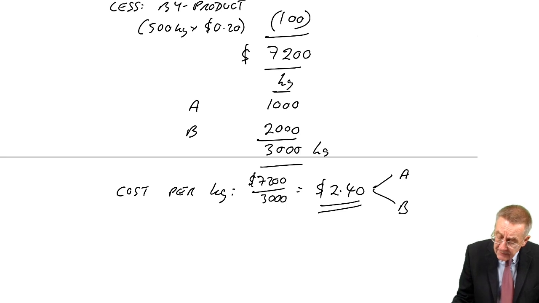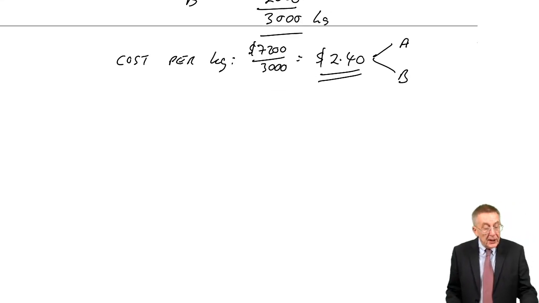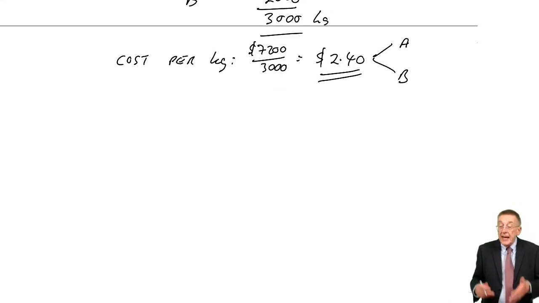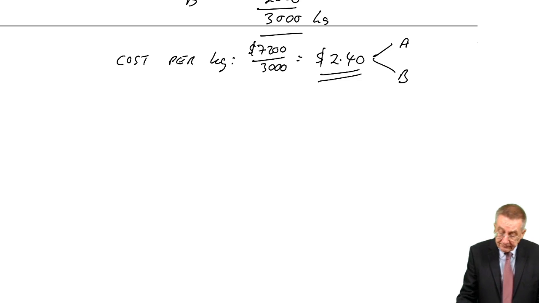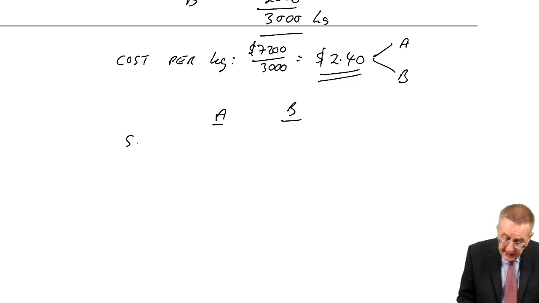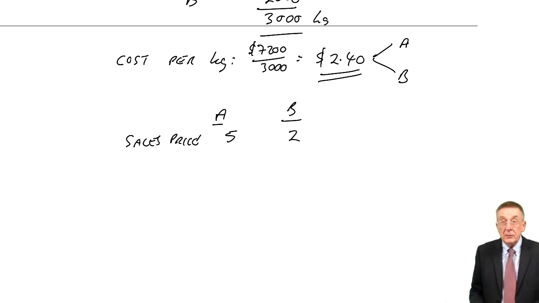And the reason is this. This question asked us, what's the cost per kilo for A and B? It's $2.40 for both. But it also said, what's the profit per kilo? And just look. The sales price of A is $5, of B is $2 per kilo.